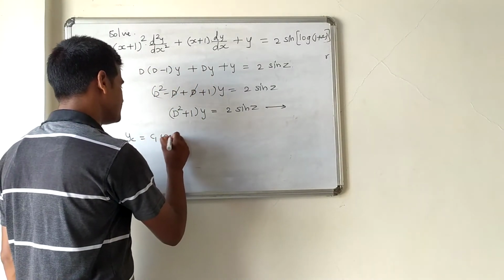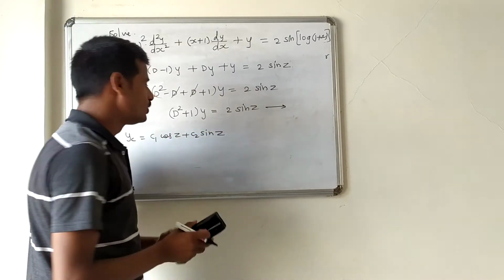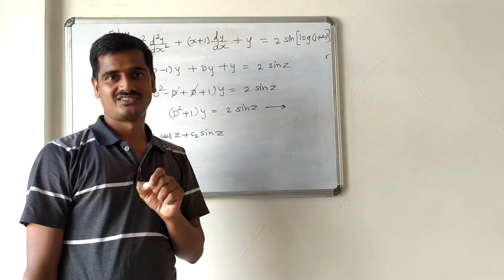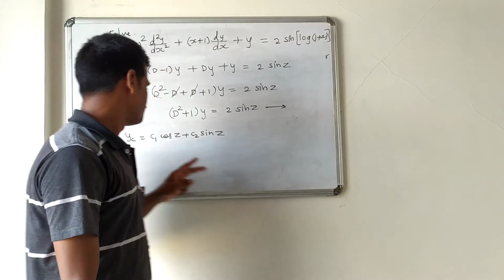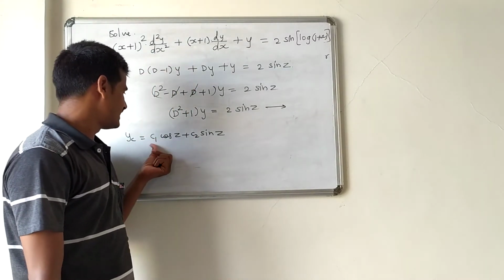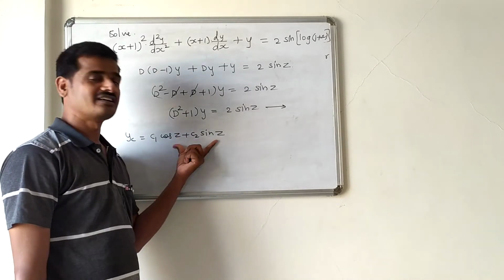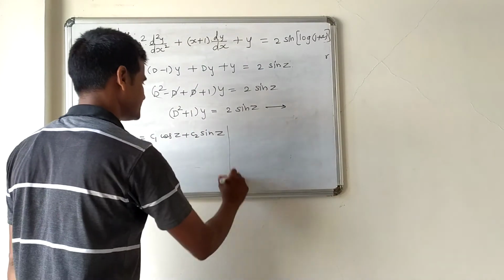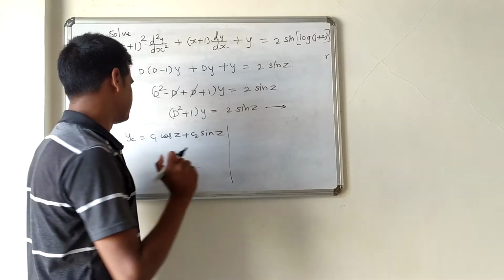Do remember to write the solution in terms of z first and then in terms of x, because most students write this in terms of x immediately. So this is your complementary function. I will write this in terms of x at the end.